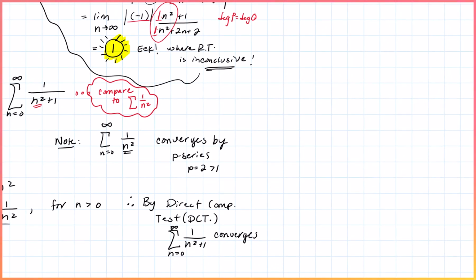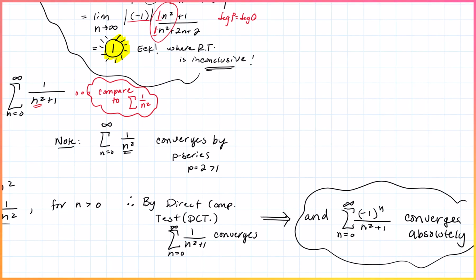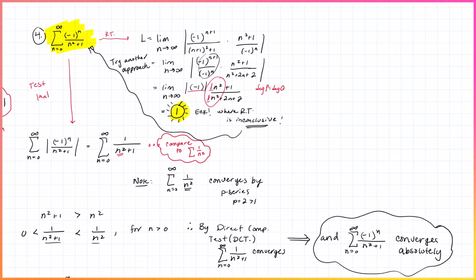So what that means is the series with negative 1 to the nth over n squared plus 1 from n equals 0 to infinity converges absolutely.